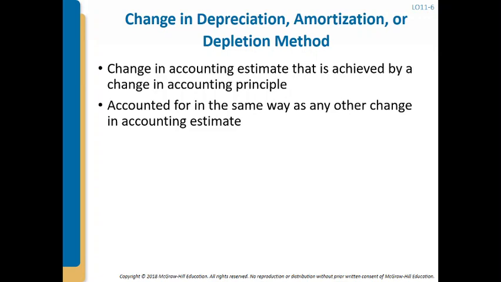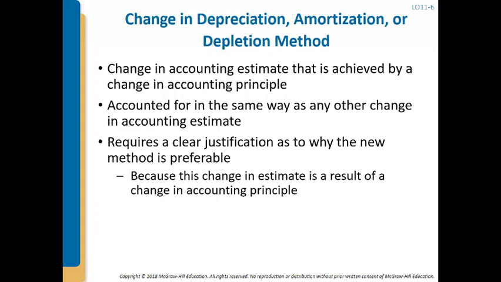This is accounted for in the same way as any other change in accounting estimate, so it's done prospectively. But because it's a change in accounting principle, there has to be a clear justification as to why the new method is preferable.